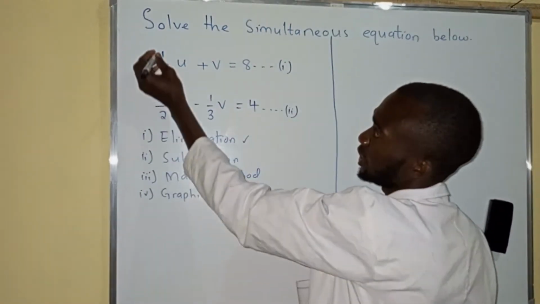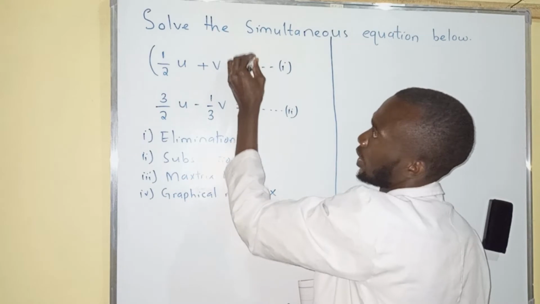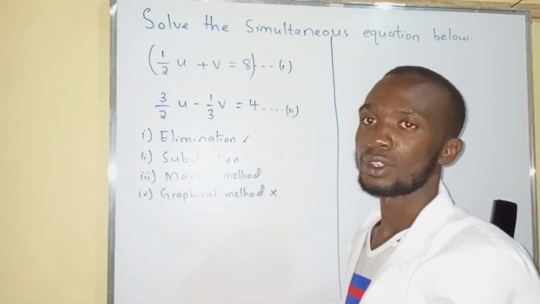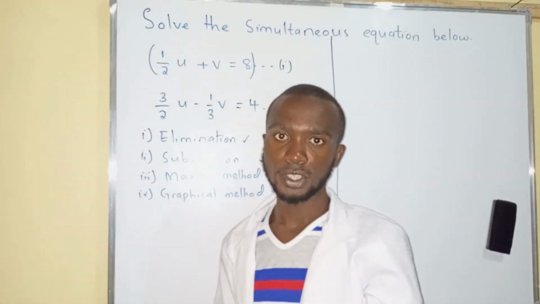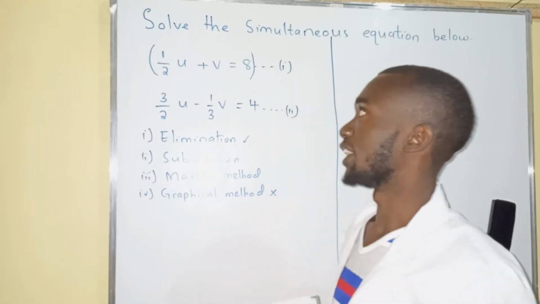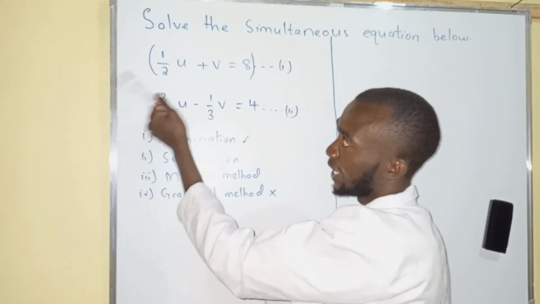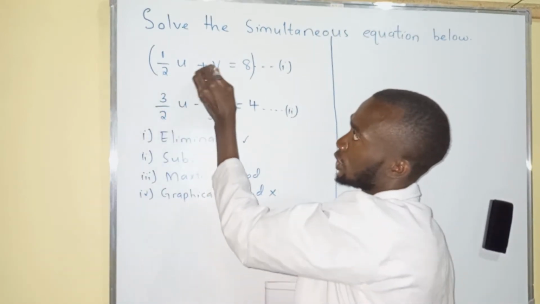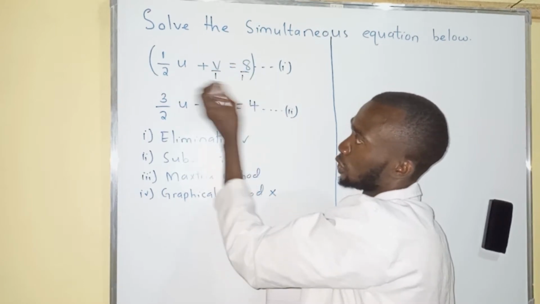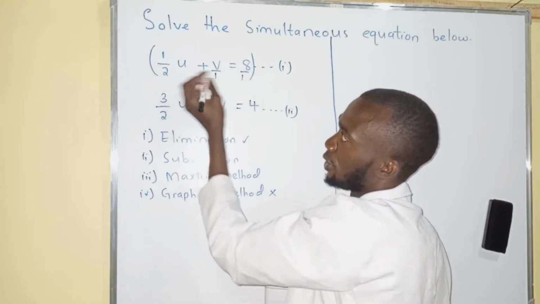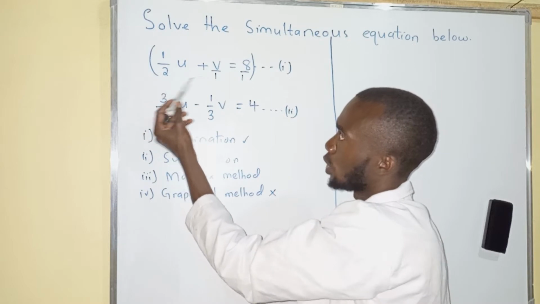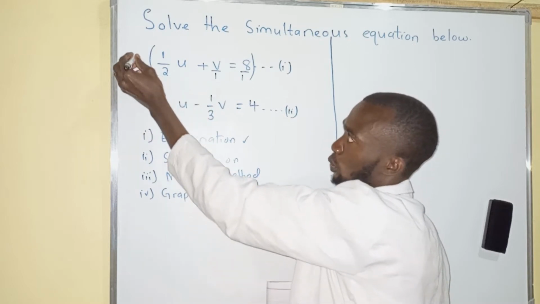Now in the first equation, a half u plus v is equivalent to 8. This means I can multiply everything by the LCM of the denominators. The denominators are 2, 1 and 1, so the LCM is 2.